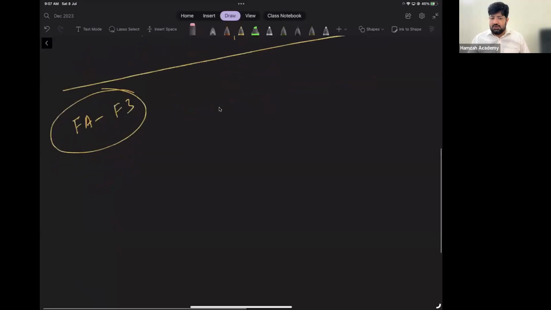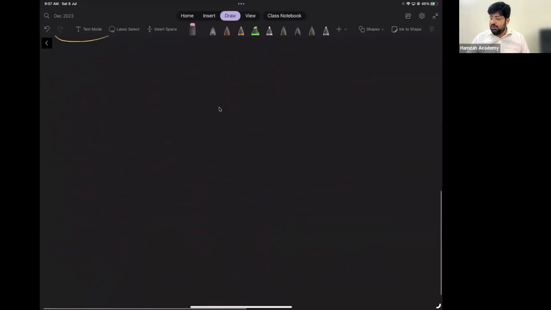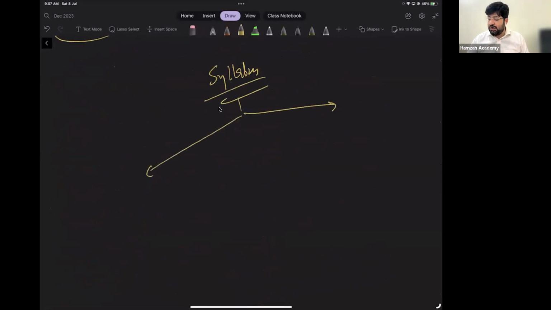Now, the next point, students: we can say that this subject's syllabus can be categorized into two parts. One is the audit cycle or audit process, and the other is other areas.